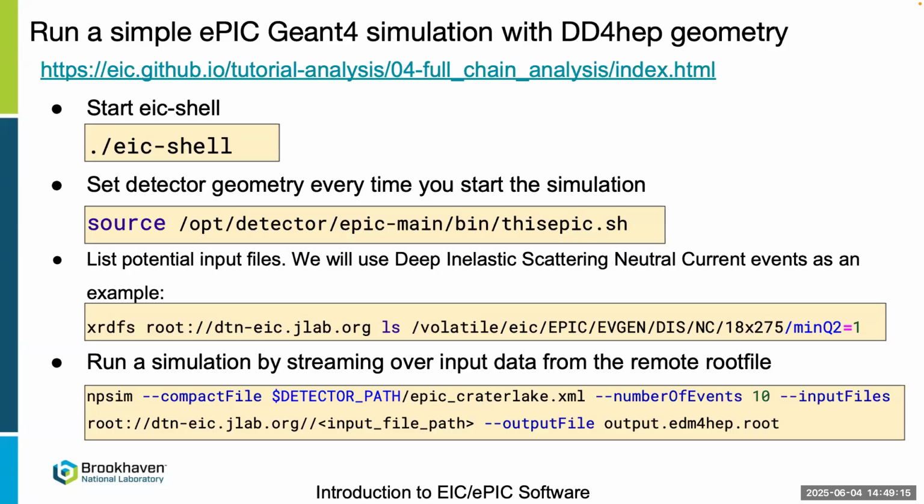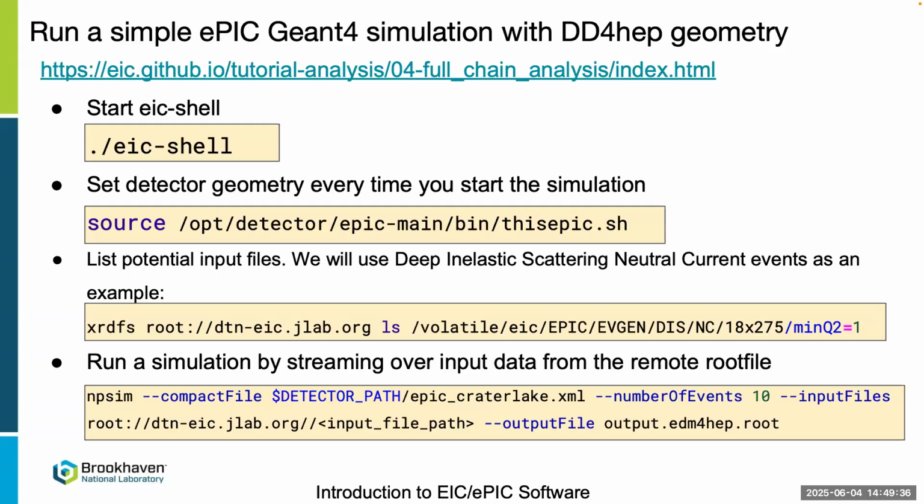Now, if you actually wanted to run a simulation with that detector geometry description, then you needed a generator input file, and we learned how to browse our available input data sets using this XRT command.